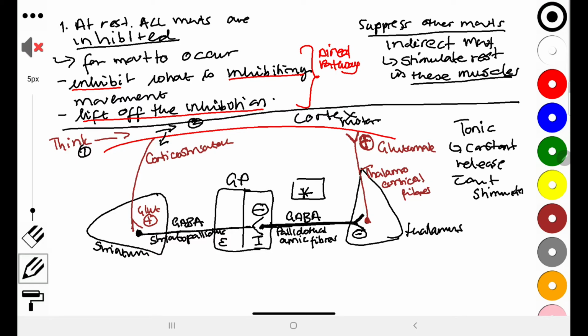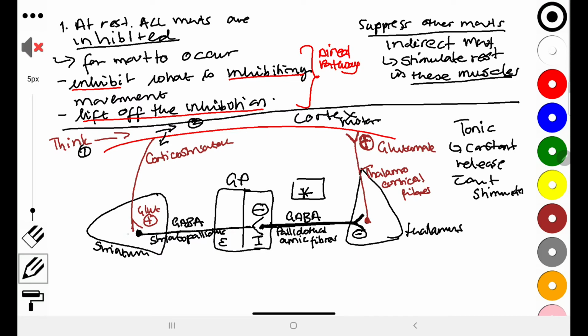If they inhibit this, then we have finally inhibited the inhibitor. So once we lift off this inhibition, we are going to allow the thalamocorticals to stimulate the motor cortex. Listen to the terms again. You think, and then the corticostriatals receive stimulation.